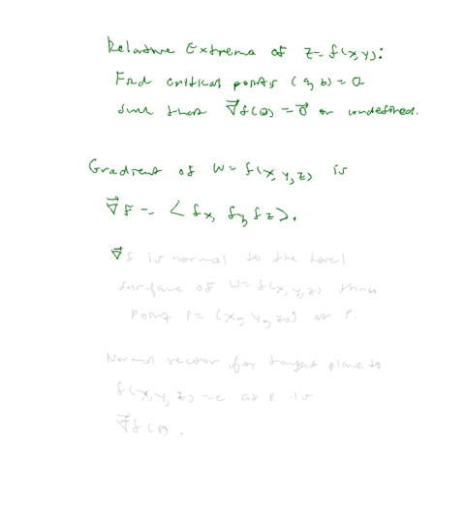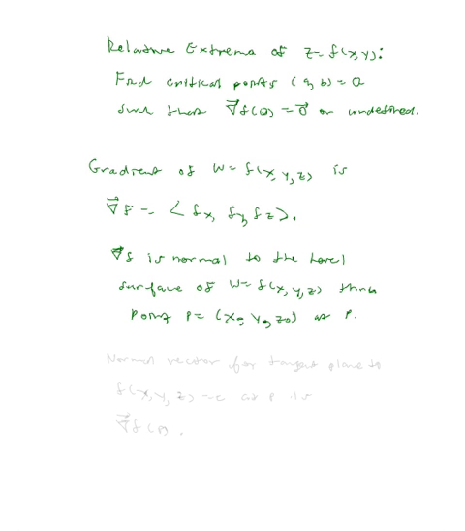In other words, del f is normal to the level surface of w equals f of x, y, z that goes through the point P, and this is happening at P.